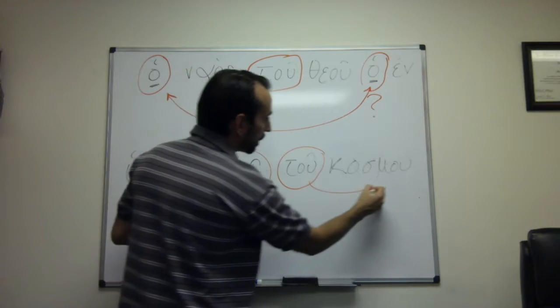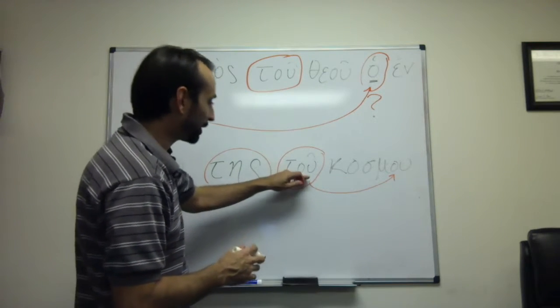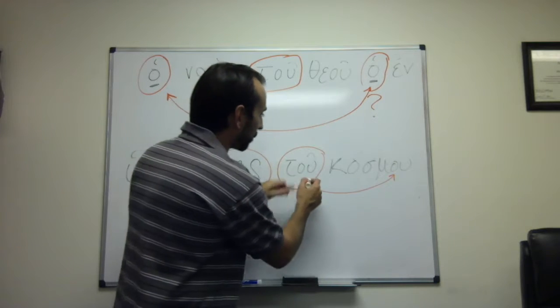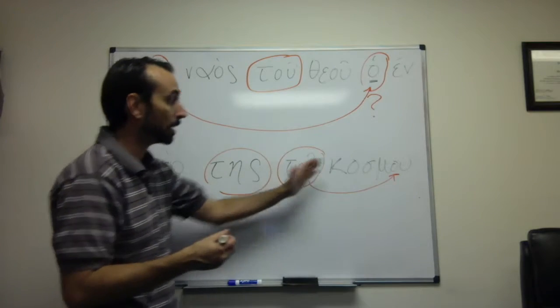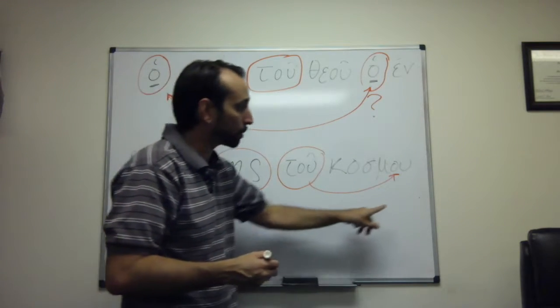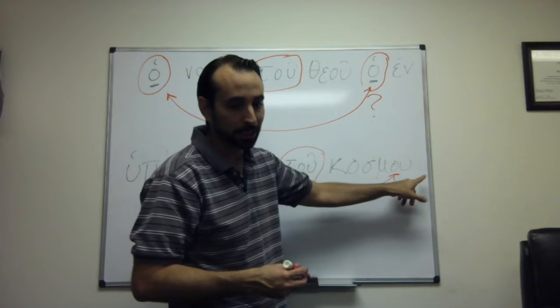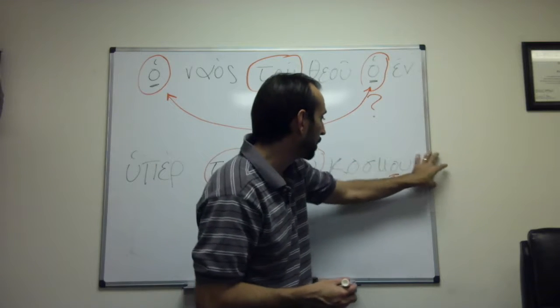Now this noun is in concord with this, back up. You have an article, you have a second article, and then this second article is in concord with this noun, kosmu, or cosmos, so it's the cosmos. But where does this noun go with? It actually goes, I didn't write it, but look down at your page there. You see that zoe, zeta, omicron, eta, sigma, that comes after kosmu.